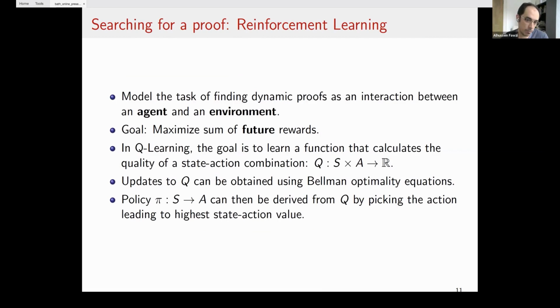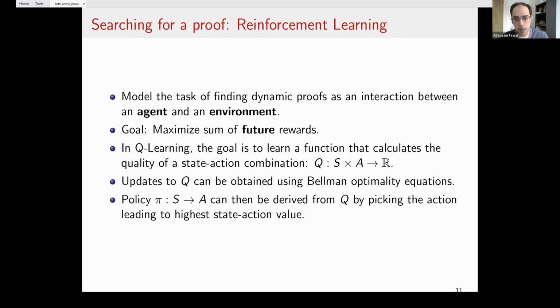The agent is going to propose some action, and then the environment is going to give you some reward and update the set of lemmas that you have proven already, adding this new action to the set of lemmas that you have. We'll come to what the reward is and so on in a minute.